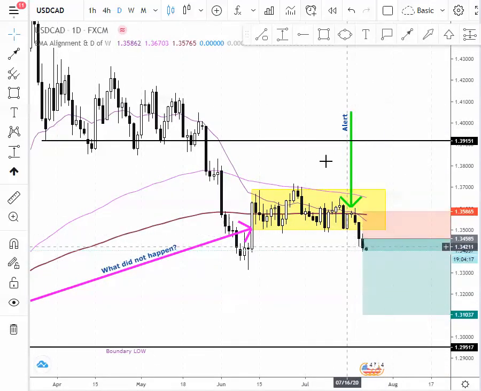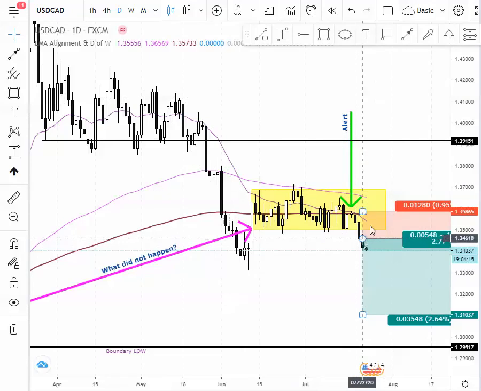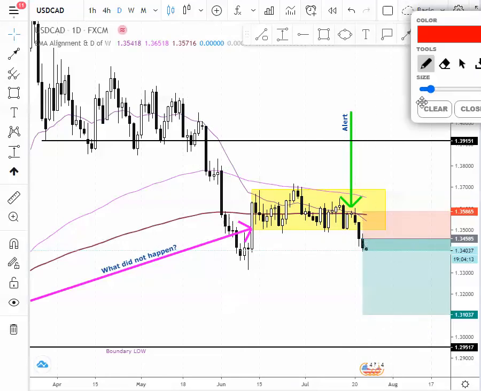My stop is here. This is the high, the level for the stop. But should I be wrong and price turn around and move back up, I don't anticipate that, or I will not likely have the stop execute at this level.